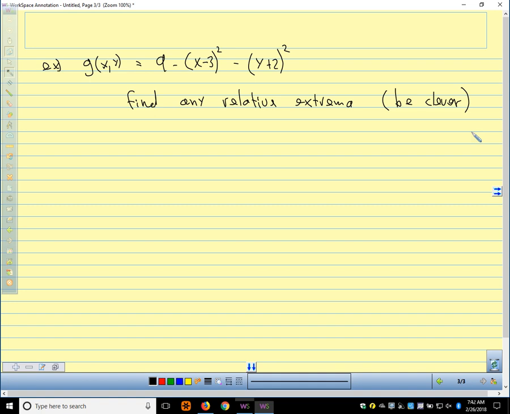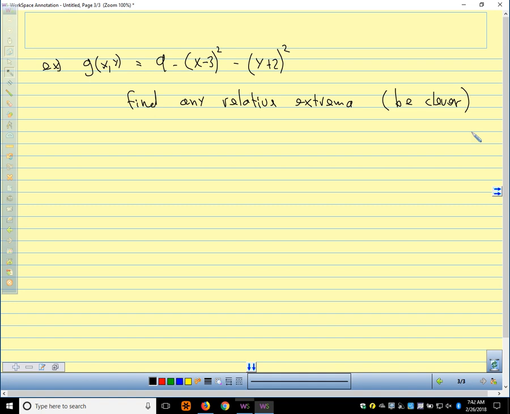Anyway, so can we be clever about this and find the extrema without doing any calculus? Well, we could think about it. What would this surface be? It's a paraboloid.